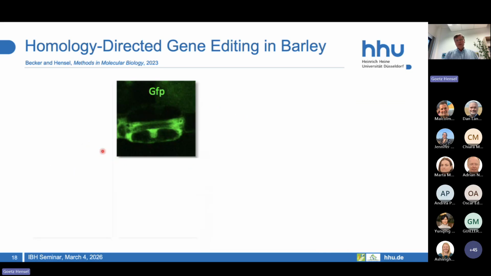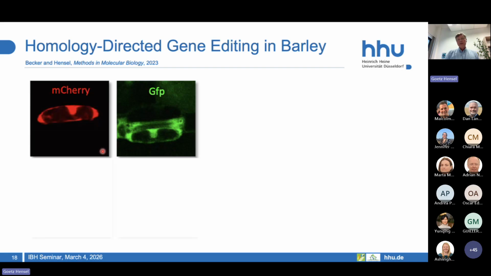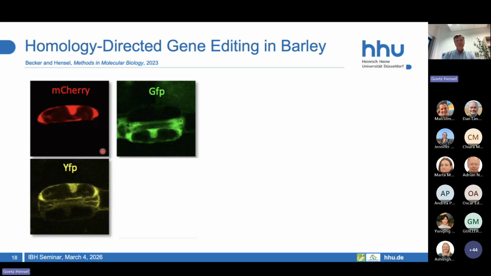So the idea was that we have initially GFP-expressing cells and we co-bombard the mCherry. So if the cell expresses the mCherry, we assume that some of them will also contain the ribonucleoprotein complex, which is specific for the GFP, and also contain this repair template for the YFP.